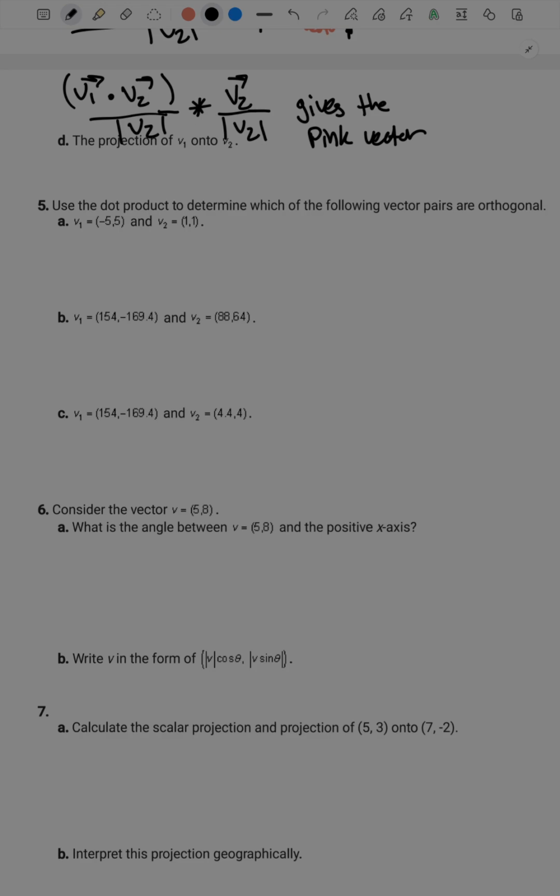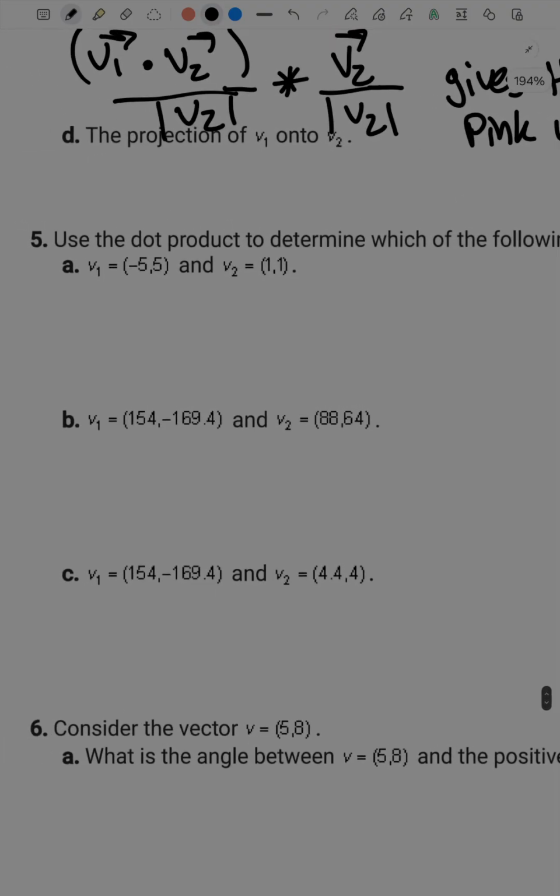Alright. Now to find if something's orthogonal, the dot product is going to end up being 0. That's all it means: v1 dot v2 is equal to 0. And as you probably recall, computing the dot product before, you're just going to multiply the corresponding components. So we can label these here.